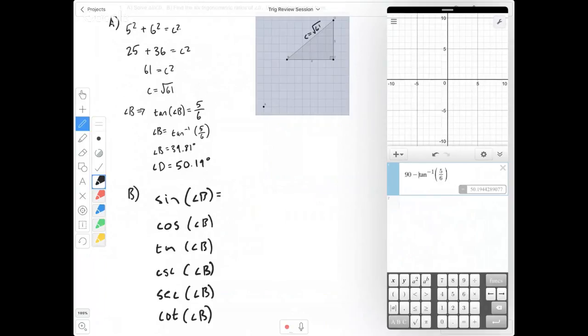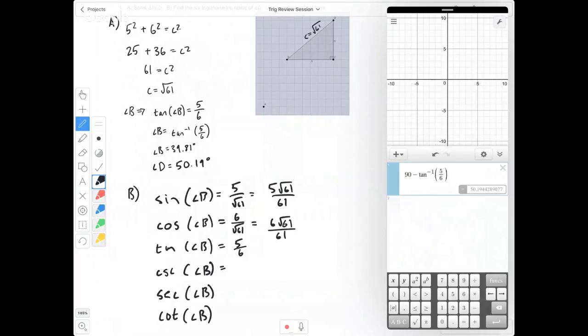So sine is opposite over the hypotenuse. So 5 over root 61 equals 5 root 61 over 61. Cosine of angle B is the adjacent over the hypotenuse. So 6 over root 61 equals 6 root 61 over 61. Tangent of angle B is the opposite over the adjacent, 5/6.